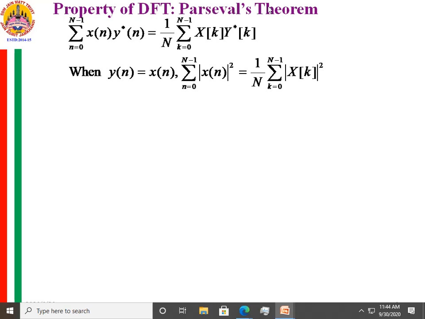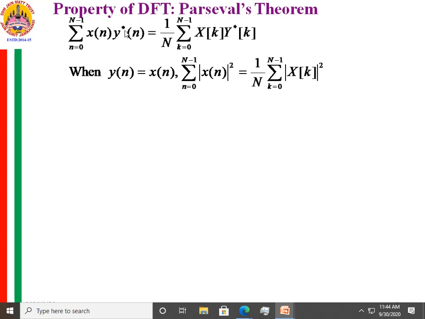Now what Parseval's theorem says is, if you know the DFT of x(n) as X(k) and the DFT of y(n) as Y(k), then the summation n from 0 to N minus 1 of x(n) into conjugate of y(n) is equal to 1 by N summation k from 0 to N minus 1 of X(k) into conjugate of Y(k).